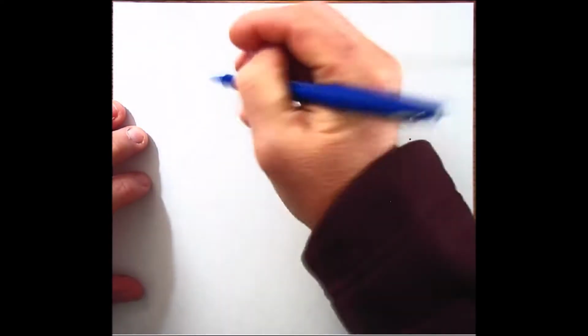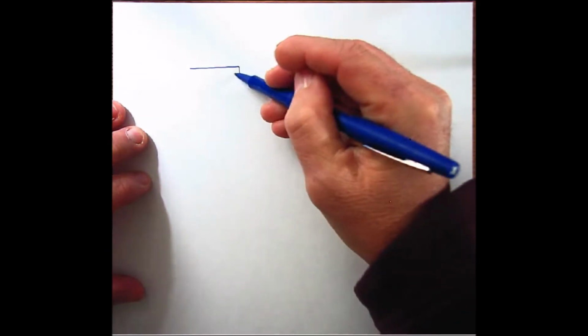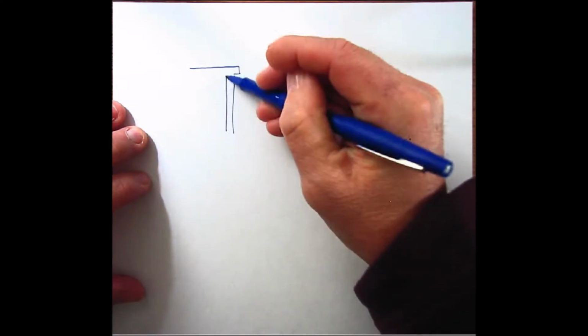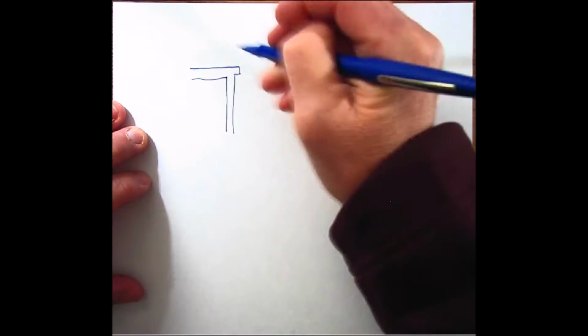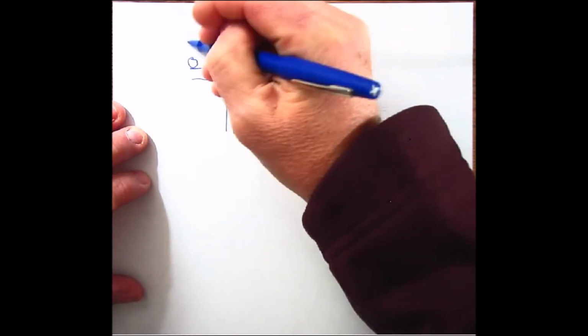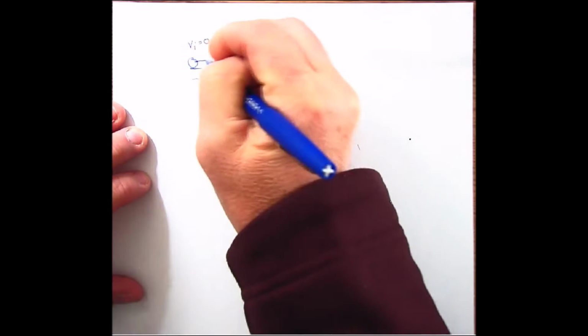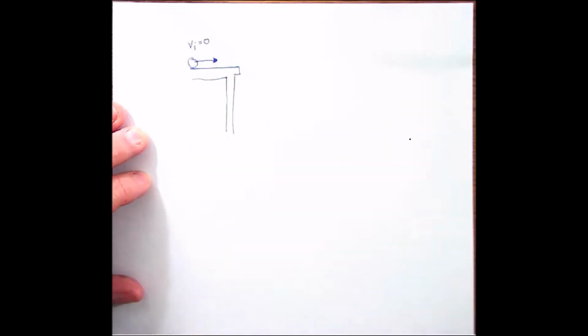Okay, so we will go ahead and start this physics problem like we start every physics problem, which is with a good diagram of the situation. We've got a ball that's basically sitting on a tabletop, and we know that the ball starts from rest and that it has a force that acts on it, pushing it towards the edge of the table.